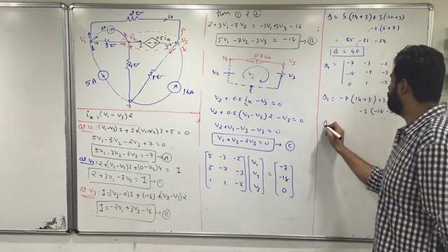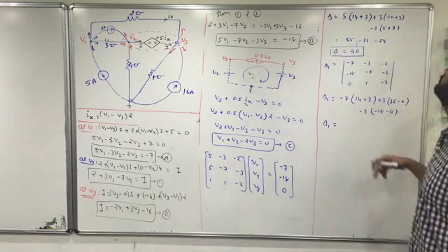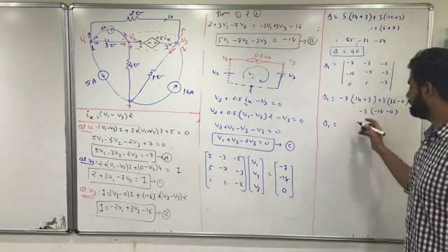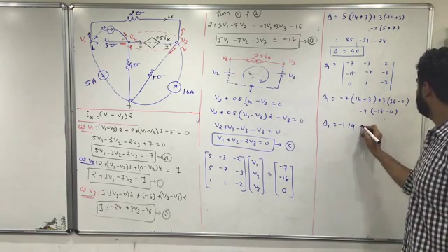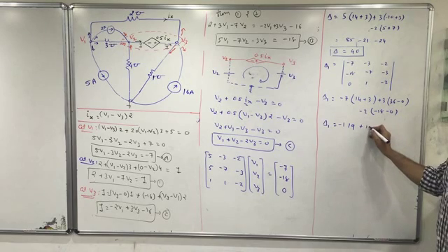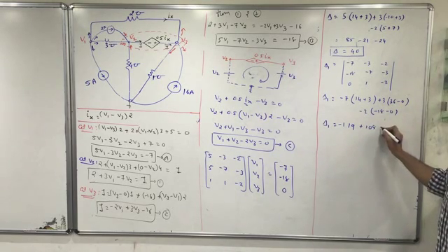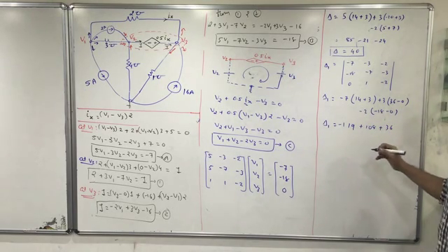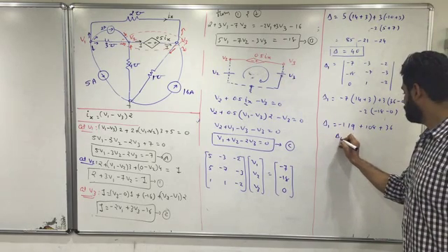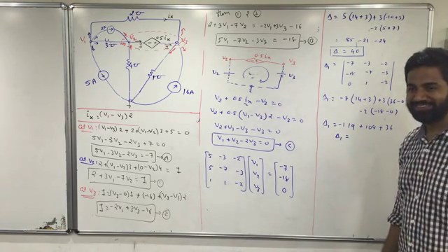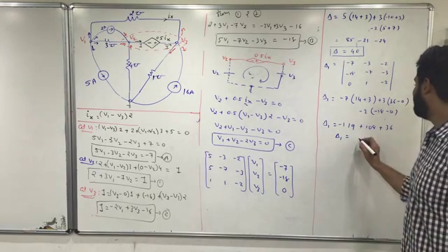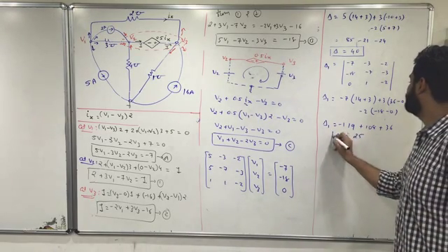So we have delta 1 which is equal to 119 minus 119 plus 108 plus 36, which comes out to be 25. Delta 1 is equal to 25.